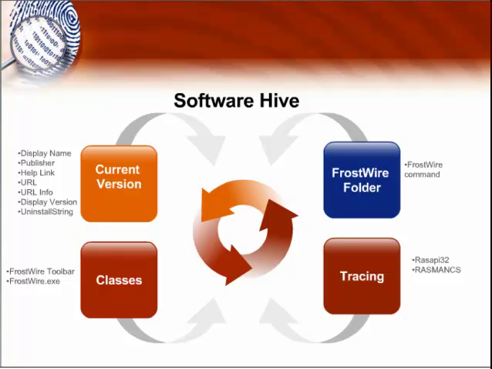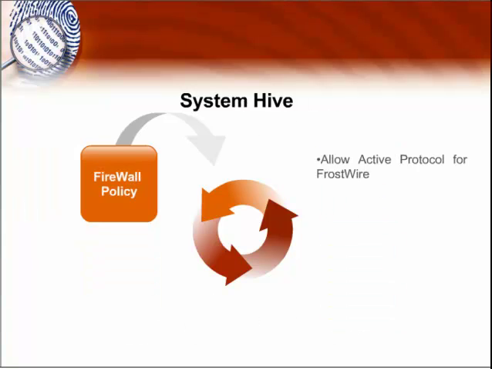What is important here, Microsoft has got tracing protocols that it runs through SARP32 and RASMANX that it runs with every how a software integrates and interacts with the system in place, which I will get to a bit later as well. In the system, however, what's interesting here is that the actual firewall policy is changed to allow tunneling no matter what the settings are of the system.